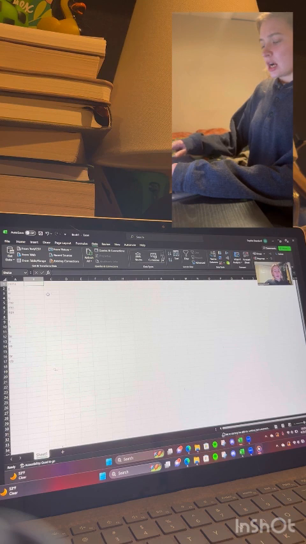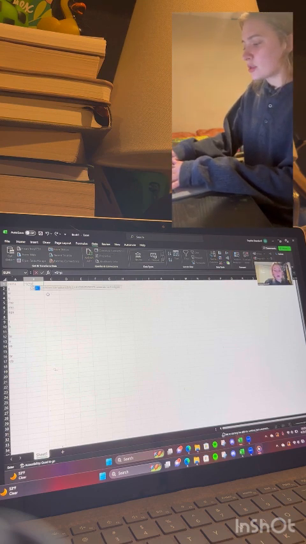So running back up to the top, our theta is going to be equal to 5 times pi divided by 180.